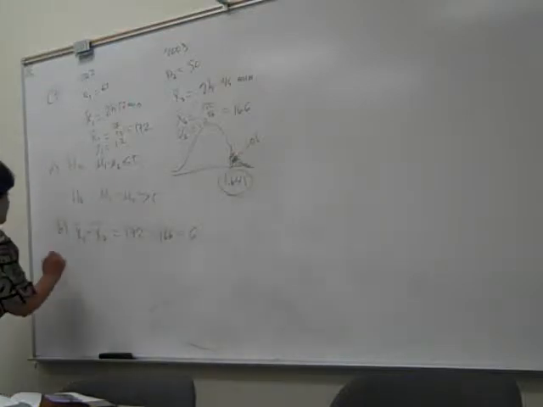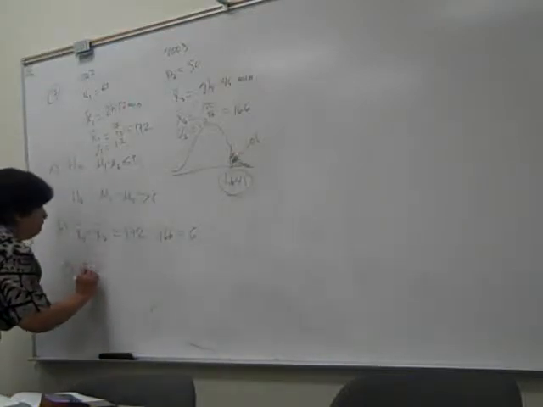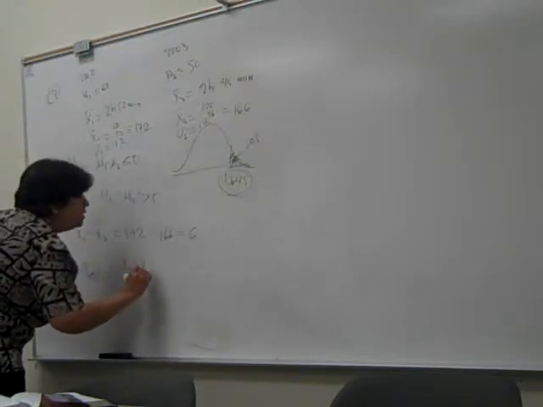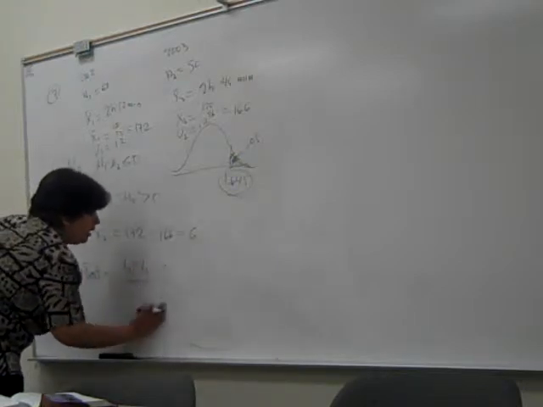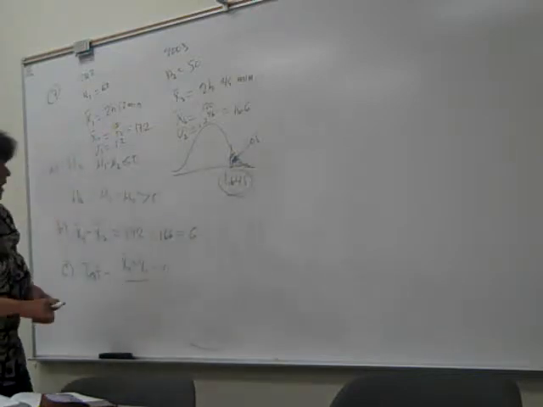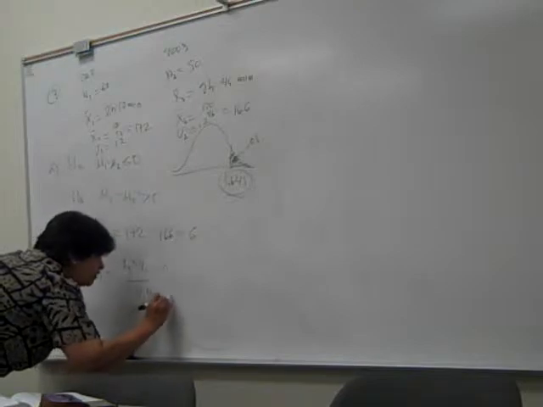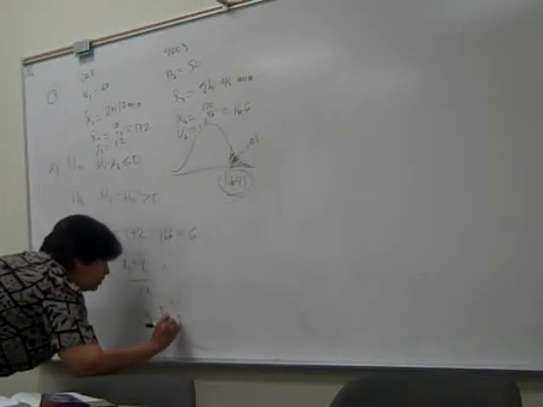What is the test statistic? It's x1 bar minus x2 bar, minus 0, divided by the square root of sigma 1 squared divided by n1 plus sigma 2 squared divided by n2.